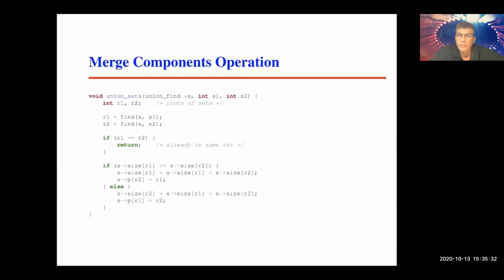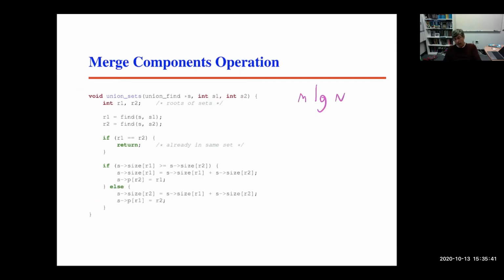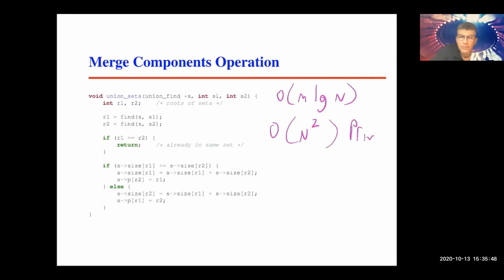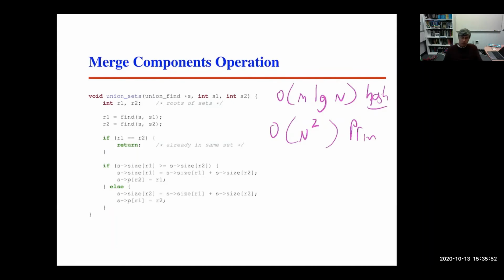I have a quick question. When would it be better to use Prim's over Kruskal's? So one is m log n, and one is n squared. So you tell me. I would think it would never be better. Hold on. Wait. Never mind. No, it's a good thing to work out. When the graph is dense, this is n squared and this is n squared log n.